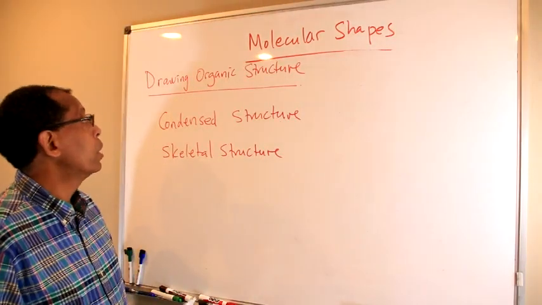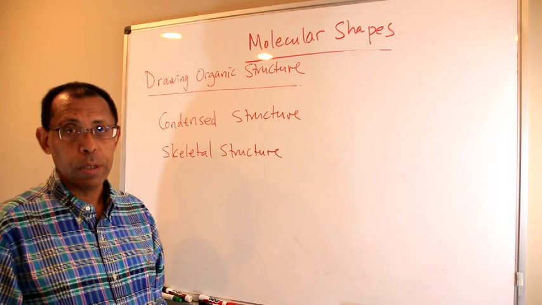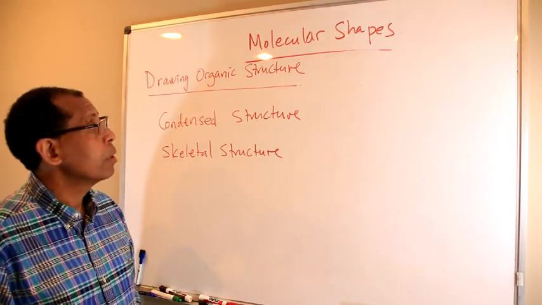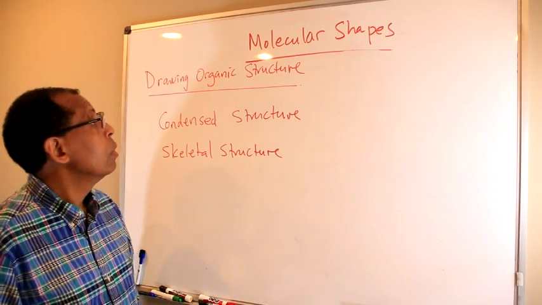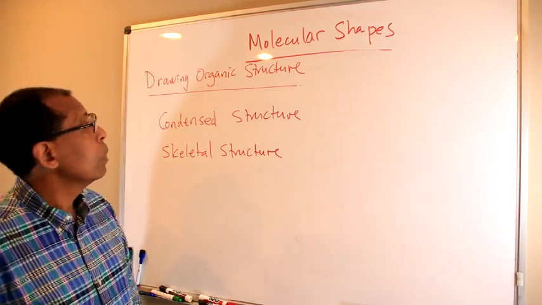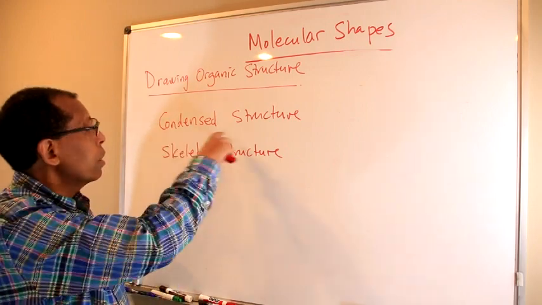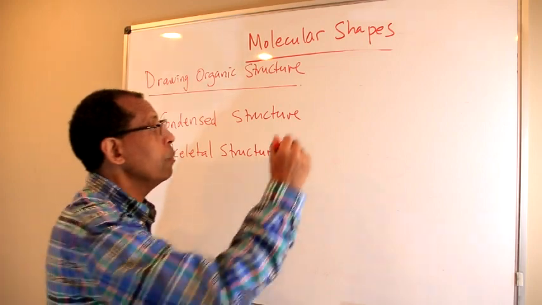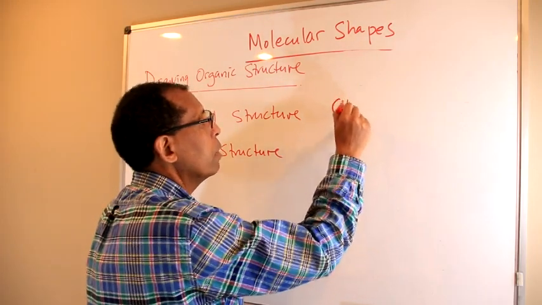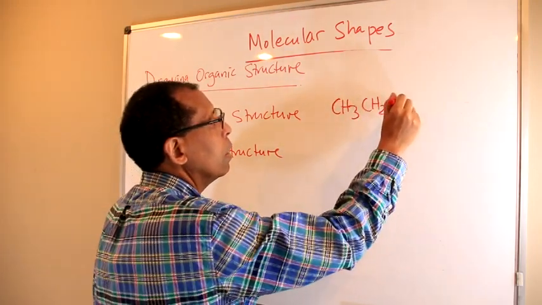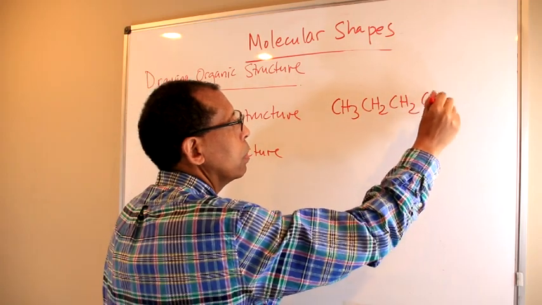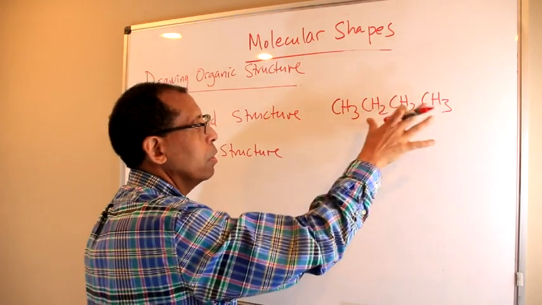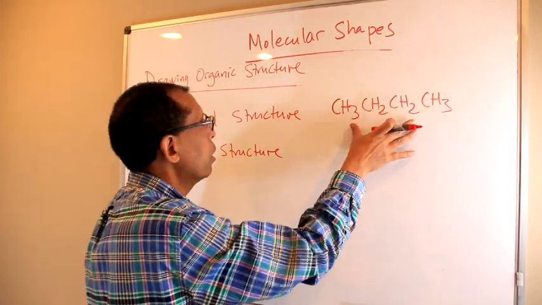Now we'll also see drawing some organic structures, since this is a review of fundamental organic chemistry, an organic chemistry introduction. There are what we call condensed structures. If you, for example, have this, where there is a carbon-carbon bond, each one of these shows you a condensed structure.